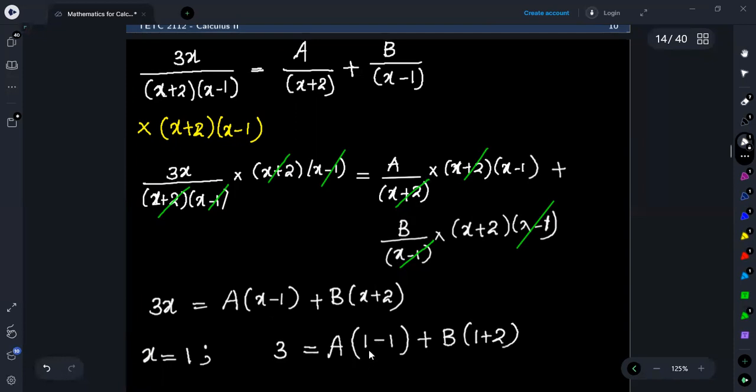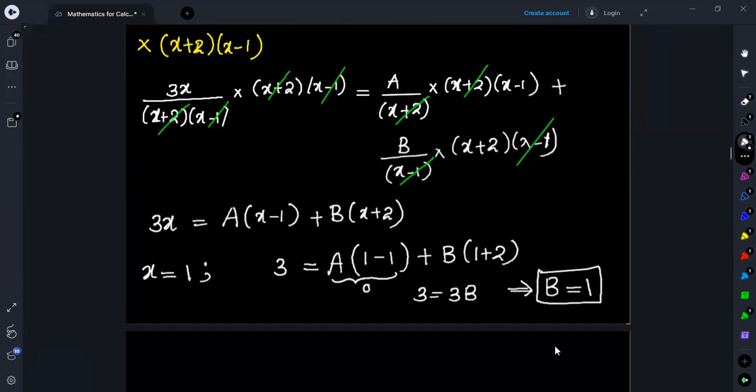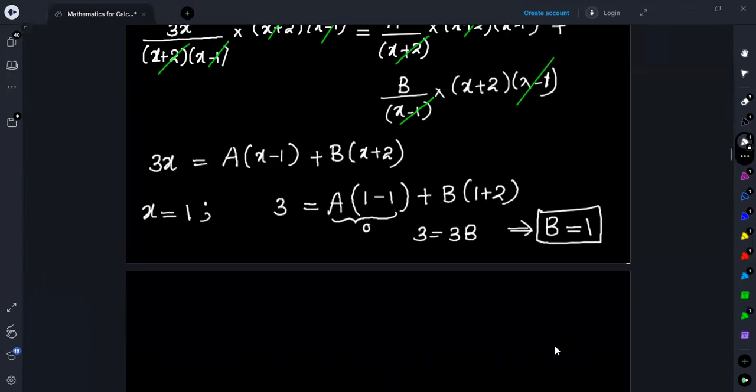Since 1 minus 1 is 0, this whole part goes to 0, and so we obtain 3 is equal to 3b. By dividing both sides by 3, we obtain b is equal to 1. So we have found the value for the constant b, and still we need to find the value of a.